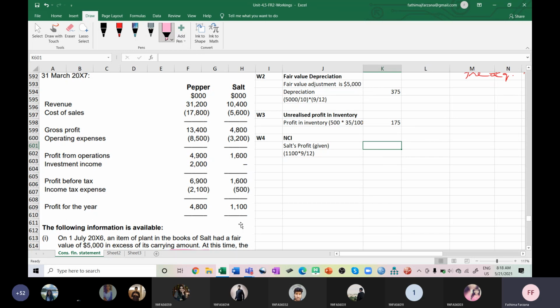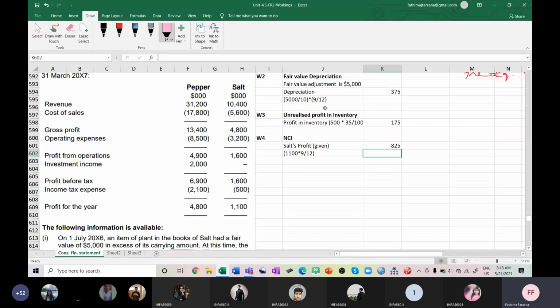So for the first 3 months, you were not holding, you didn't acquire Salt. So that profit you're not supposed to take. So this is equal to 1,125. Something is wrong. 825.